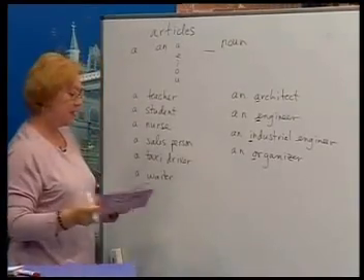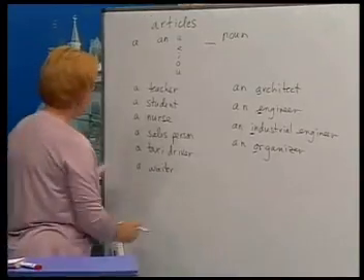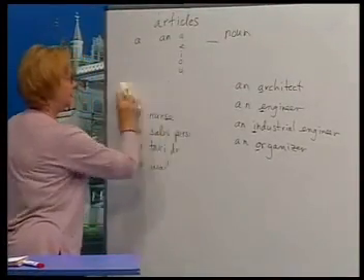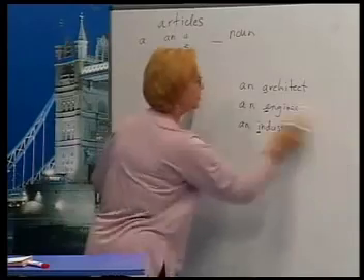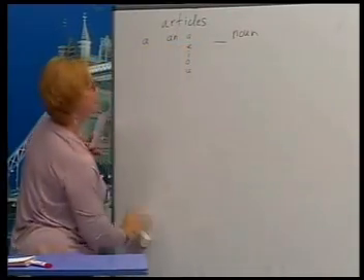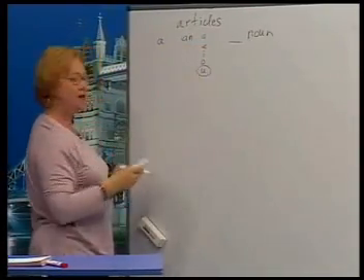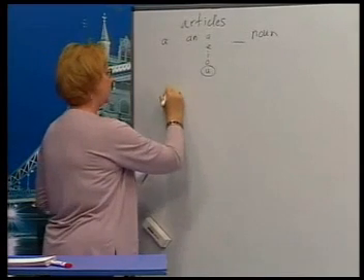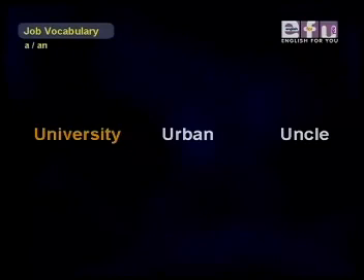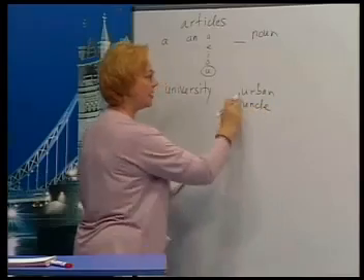All right? Now, we're going to talk about U for a moment. U has two sounds. For example, university, urban, uncle. Okay?